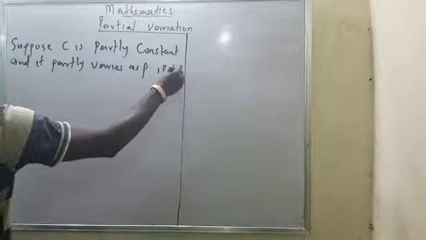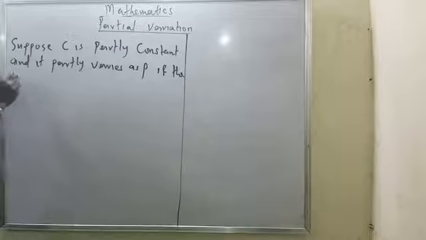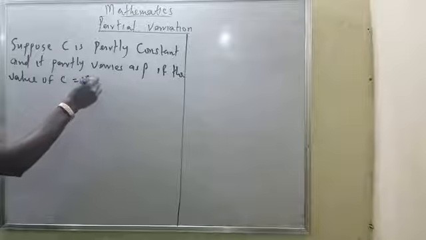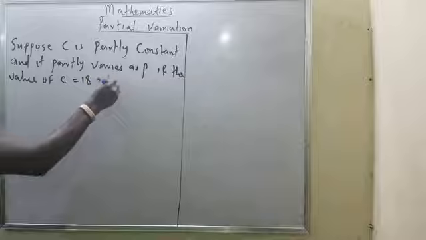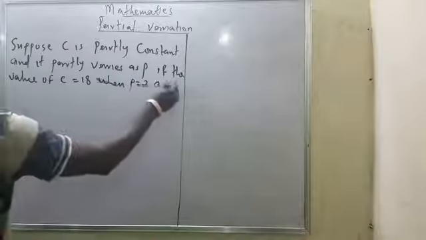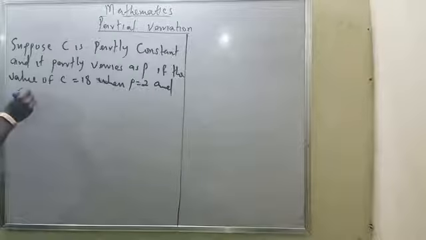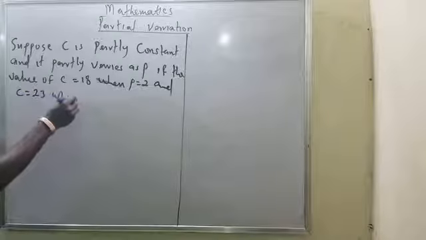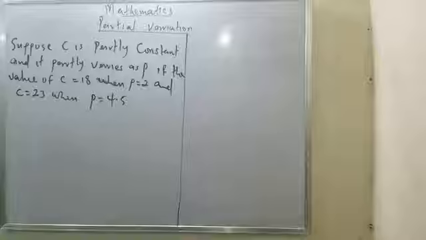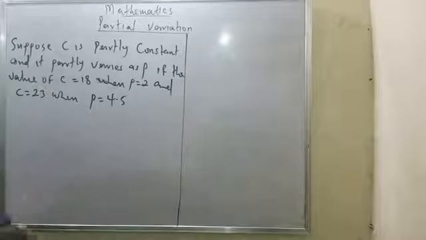If the value of C is 18 when P is 2, and C is 23 when P is 4.5. Sorry for what happened. Don't forget I've explained everything you need to understand at this point.